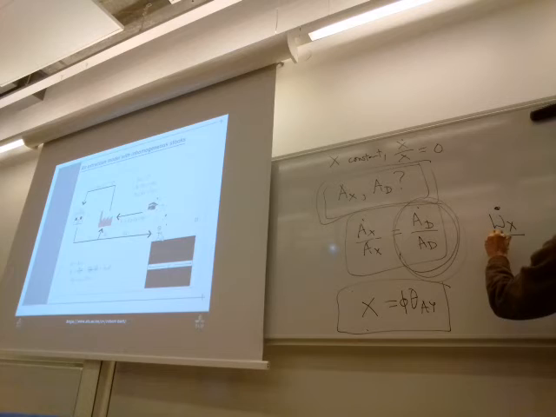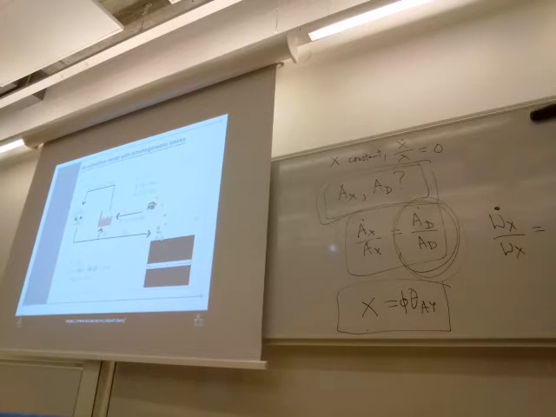I'll give you a clue. It's the fixed chair thing, you know. So it must be equal to what? The growth rate of y. Yes, y dot over y. The growth rate of y.